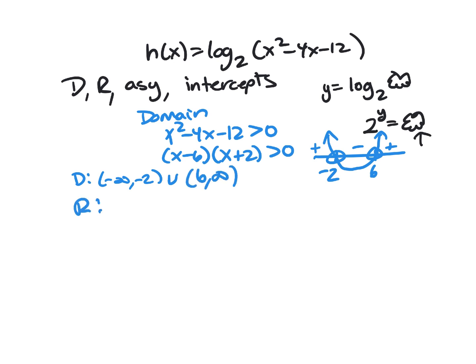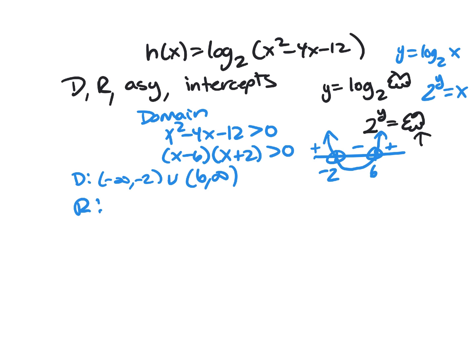Now for the range. The big thing with logs, normally if you just had a standard y equals log base 2 of x, remember the range, the y value here, stands for the exponent. If we think of exponential functions, this just means 2 to the y equals x. So the range should be all real numbers. But that's not always the case. In order to get all real numbers, you need the inside to go towards infinity.